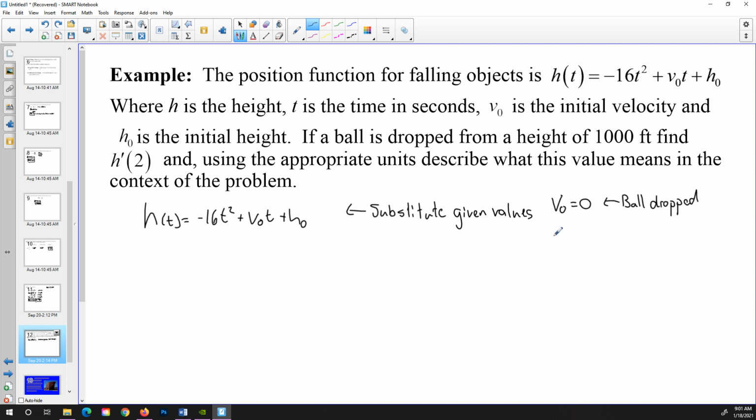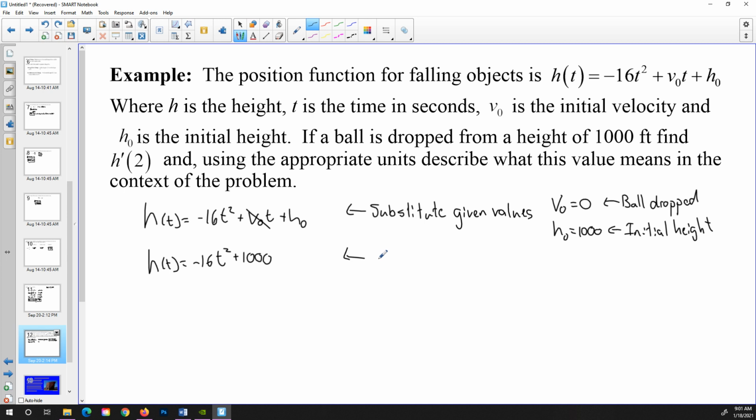We know that h sub 0 is 1,000 because that is my initial height. Now because v sub 0 is 0, we can just cancel this out and rewrite this h of t as negative 16t squared plus 1,000. Now they want us to figure out what h prime of 2 is.